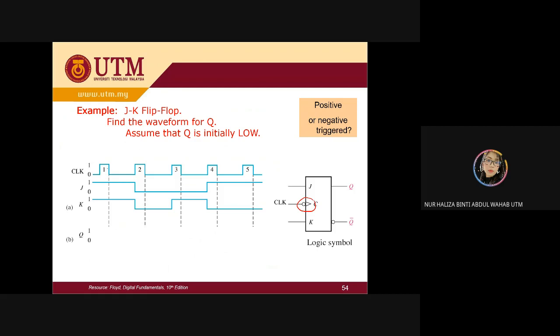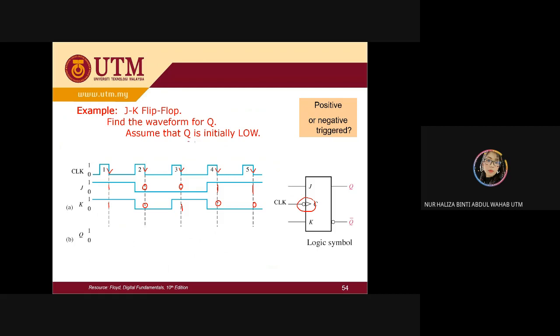So I'm going to only refer to the negative clock. I draw the dotted line at the negative clock, and I'm going to name my value for the J and K at the specific line. 1 0 1 0. Correct.